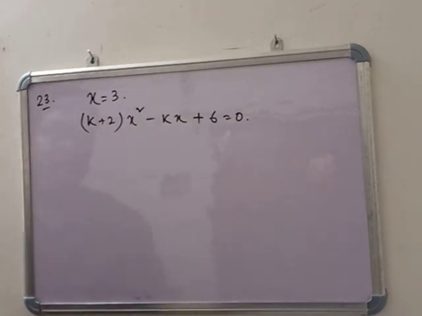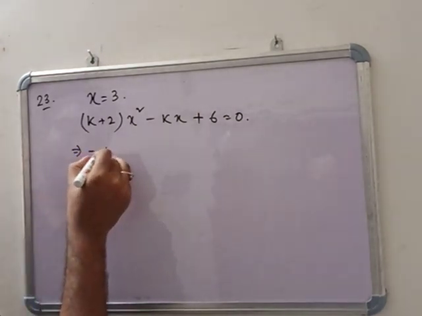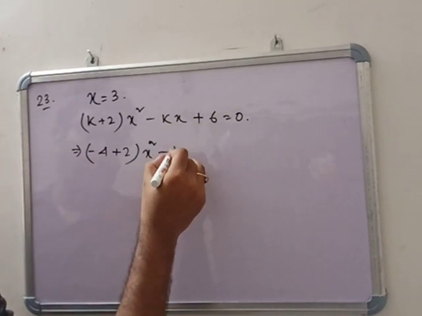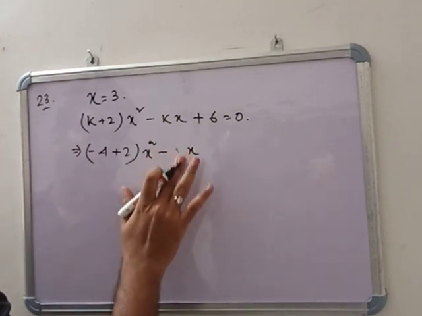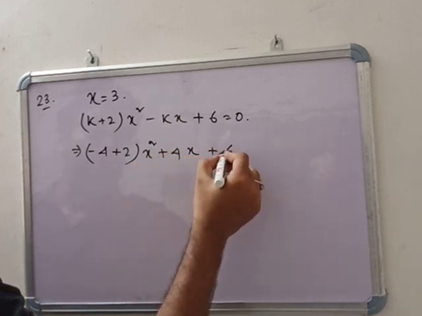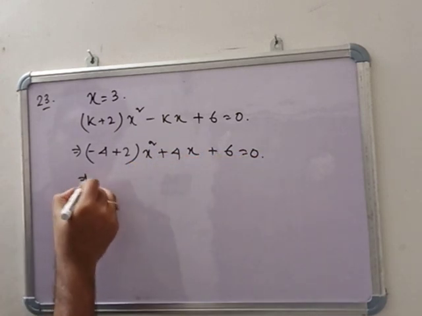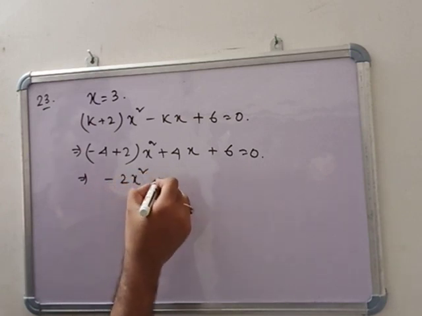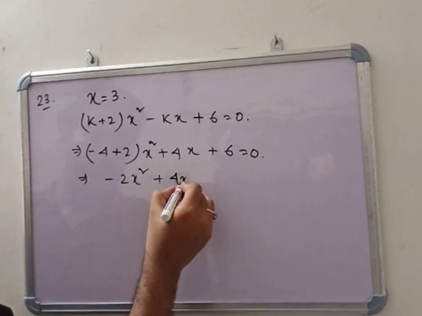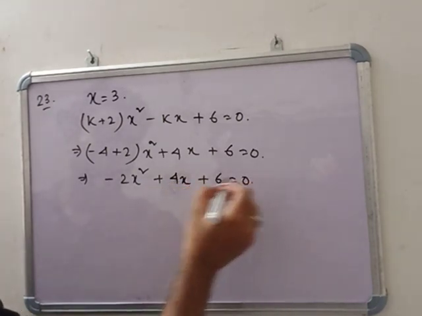So now k equals minus 4. So minus 4 plus 2 x square minus 4x, that means plus 4, plus 6 equals 0. So that means minus 2x square plus 4x plus 6 equals 0.